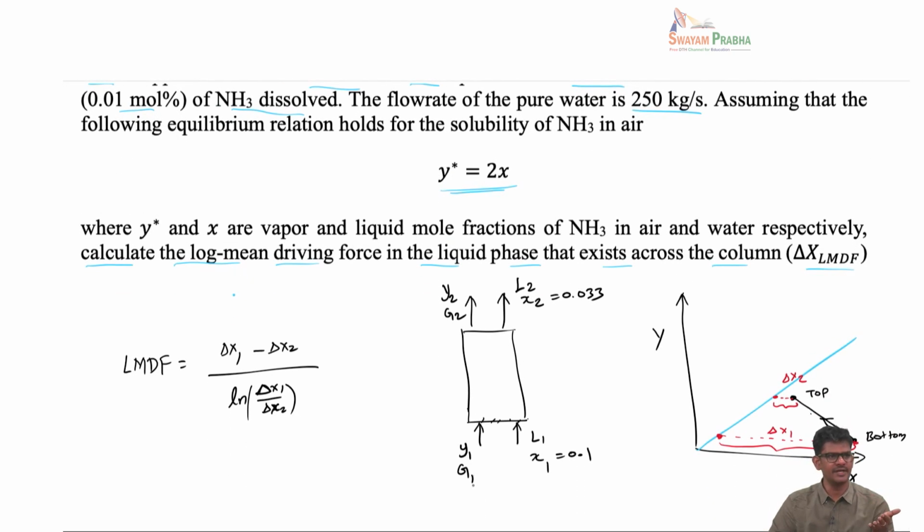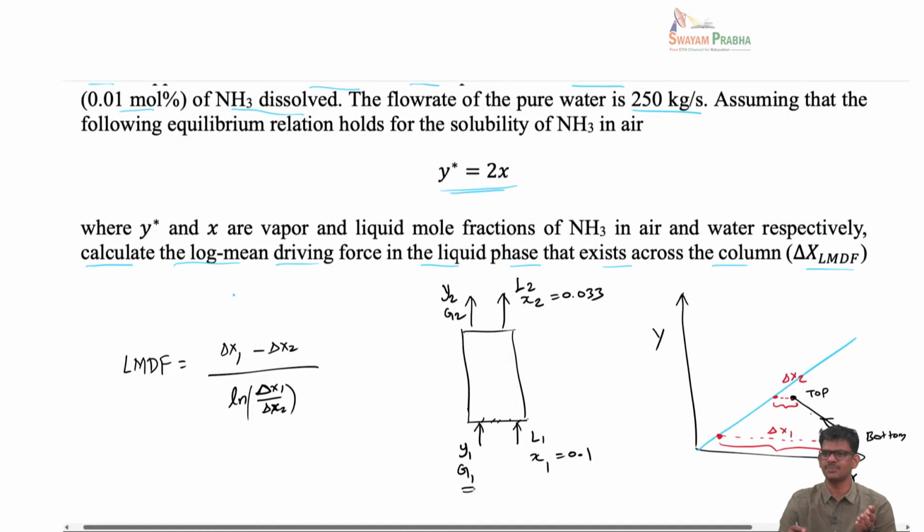The volumetric flow rate, temperature and pressure are given. You can use the ideal gas law, you know the average molecular weight, you can get the density, and then from there you can get G1, similar to what we did in the first problem.